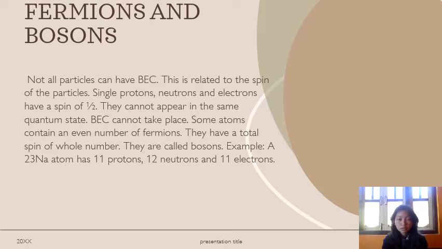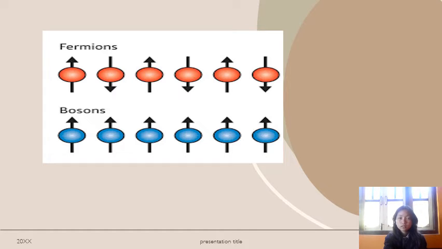They are called bosons. Example: sodium-23 atom has 11 protons, 12 neutrons and 11 electrons. As you can see in the figure, fermions have opposite spin, whereas bosons have the same spin.